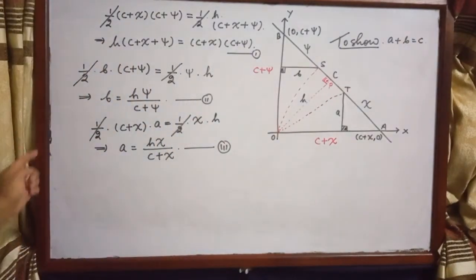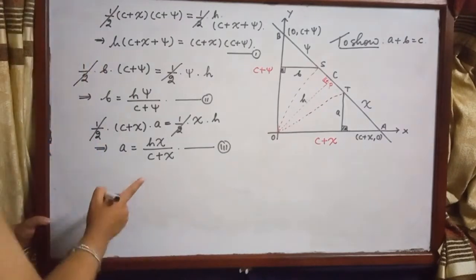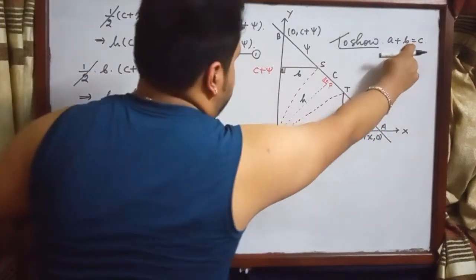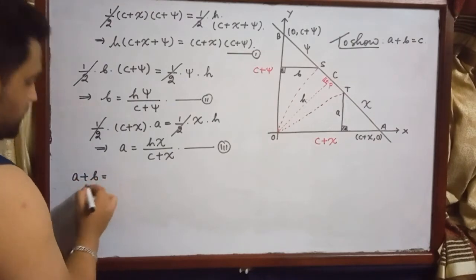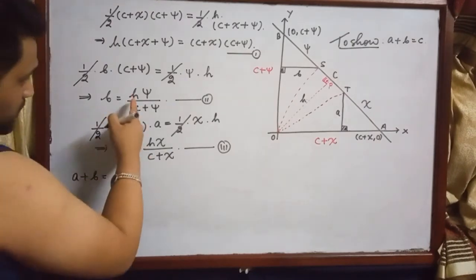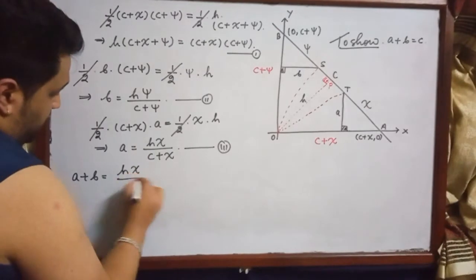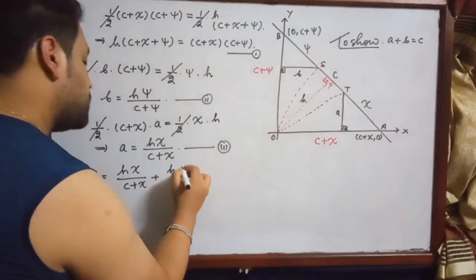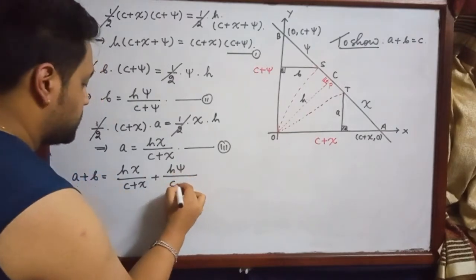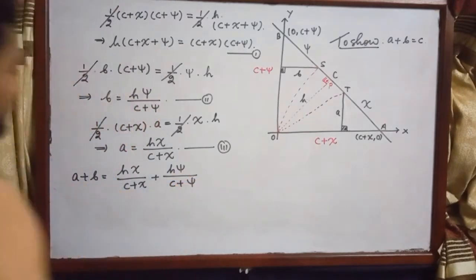Now from 2 and 3, we need to show a plus b is equal to c. So a plus b is equal to h chi by c plus chi plus h psi by c plus psi.